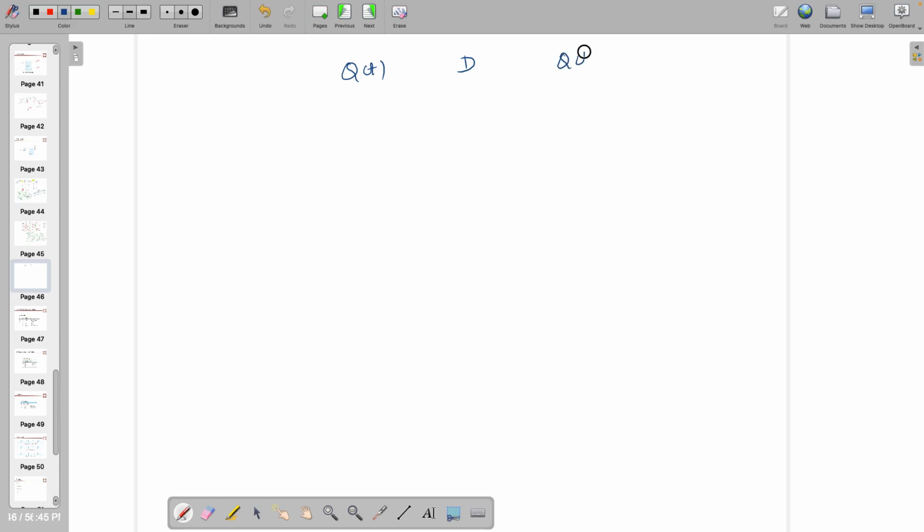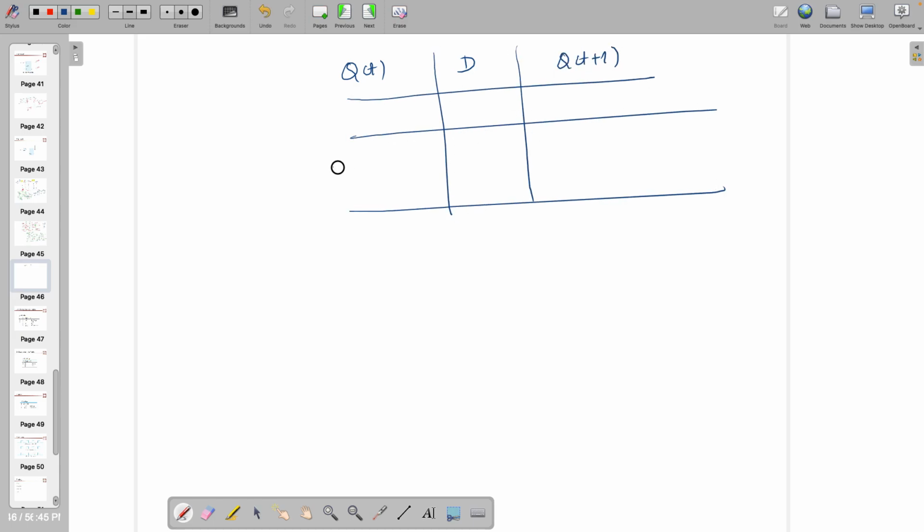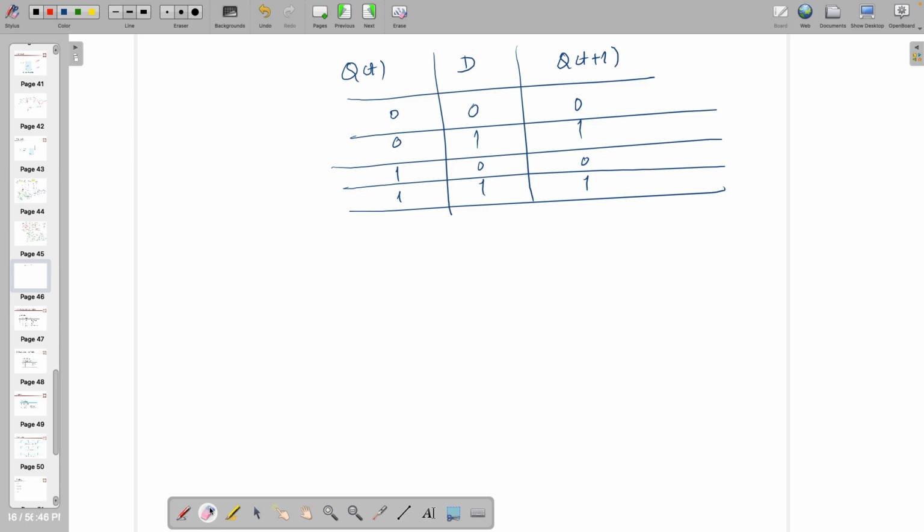We know that Q(t+1) is equal to D after some delay. So then we can write down the same thing, right? Here only one input is there, so I can replace this D with Q(t+1), right? I just have to copy the next state to the D. That is the only thing.